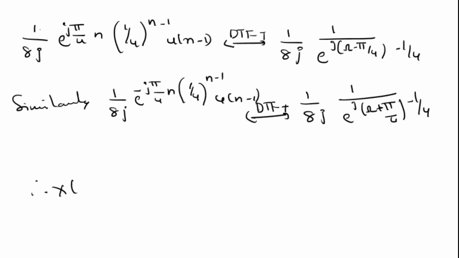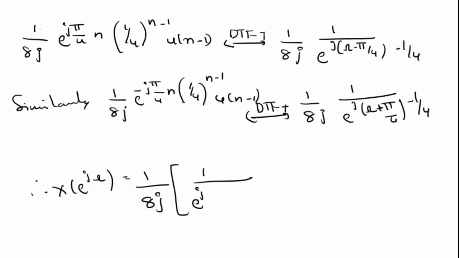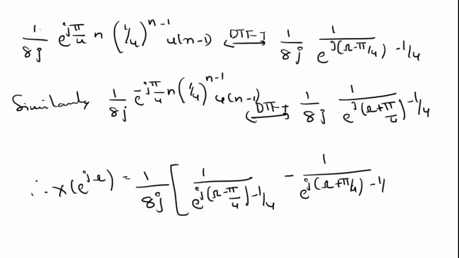Therefore, X of e^(j omega) is equal to 1 divided by 8j into [1 divided by e^(j (omega minus pi by 4)) minus 1 by 4 minus 1 divided by e^(j (omega plus pi by 4)) minus 1 by 4].